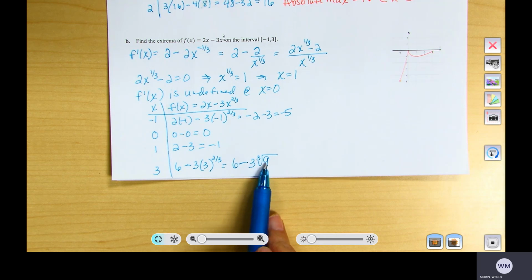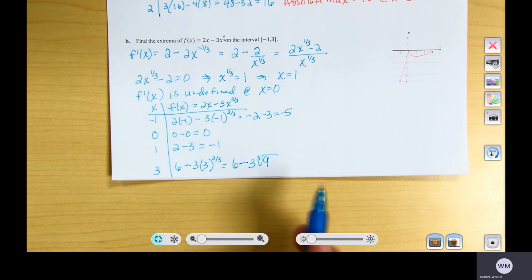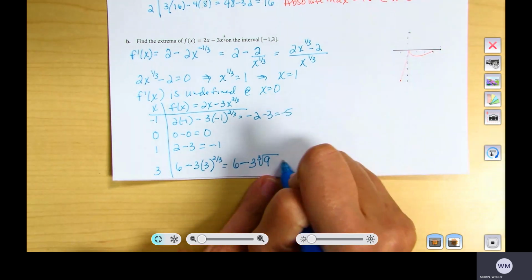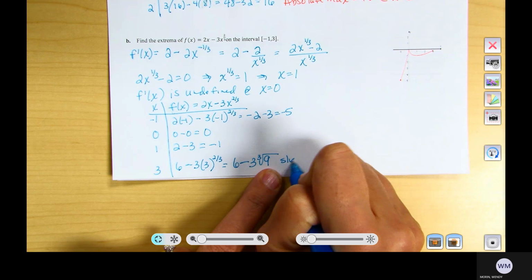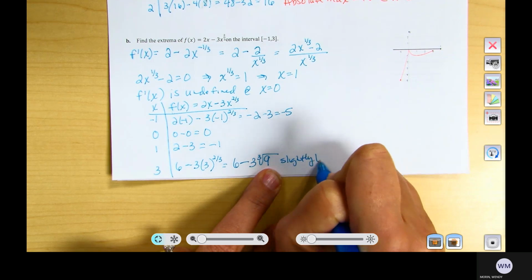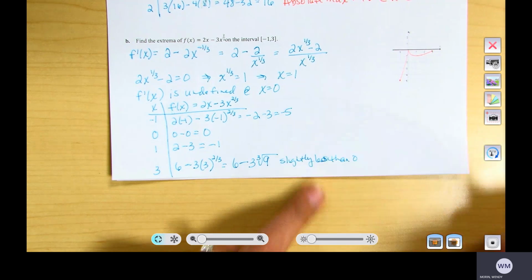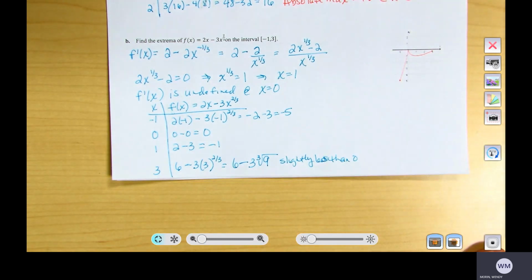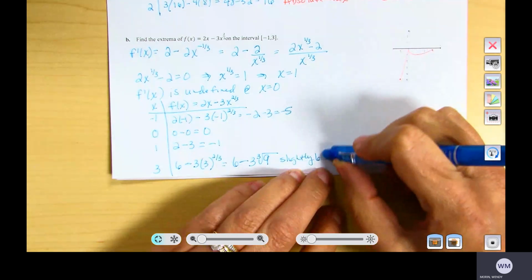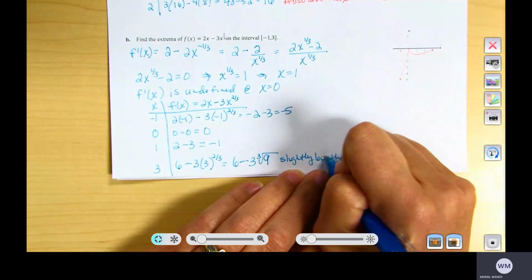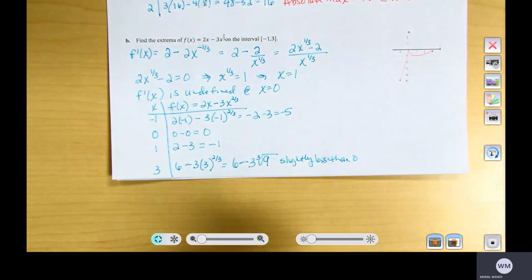The cube root of 9 is a little bit bigger than the cube root of 8, which is 2. So this is very close to 0, but it's going to be slightly less than 0, just to give you an idea. So yes, again, non-calculator.